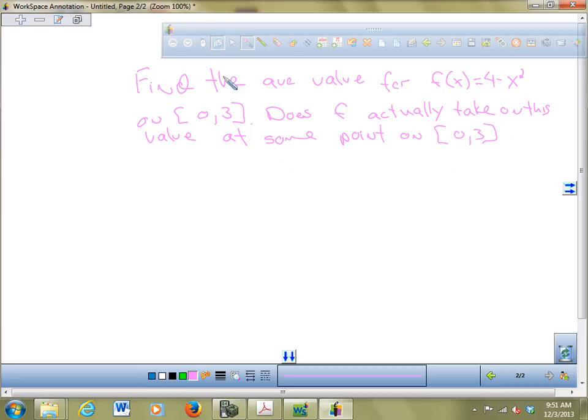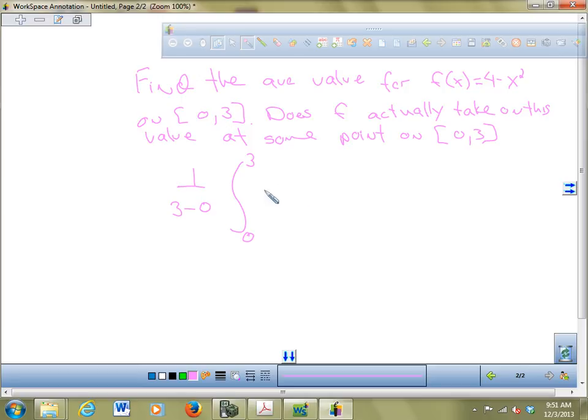So here's a question. Find the average value for the integral for the function f of x equals 4 minus x squared on the interval 0 to 3. So what you're going to do, you're just going to set it up like this. You're going to go from 0 to 3. And you're going to go 1 over the width of the interval, which is 3 minus 0.